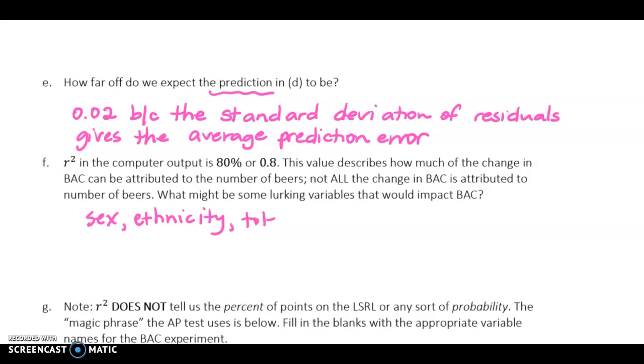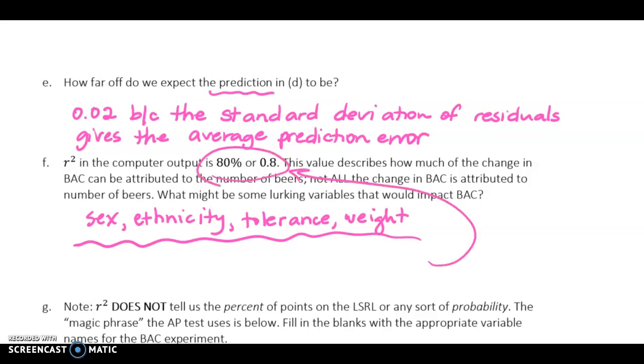Maybe your tolerance. Maybe weight. So we know there are all these other lurking variables. But what this is saying is that, hey, there's a big number here, so a lot of the BAC change is based on number of beers alone.